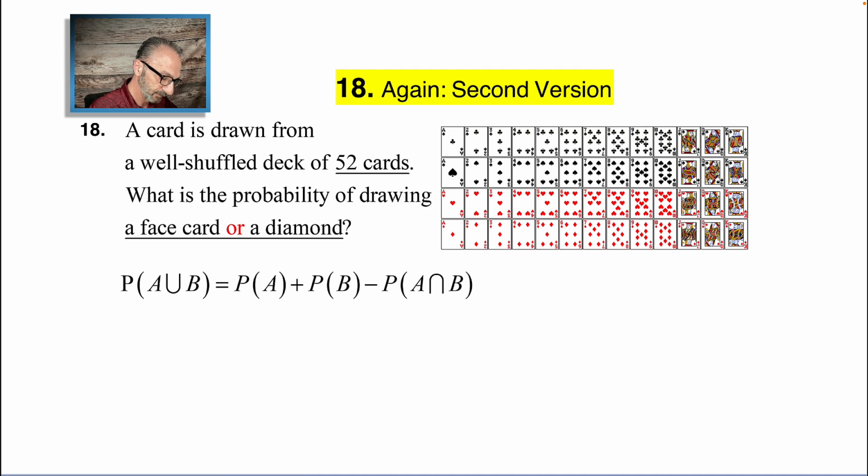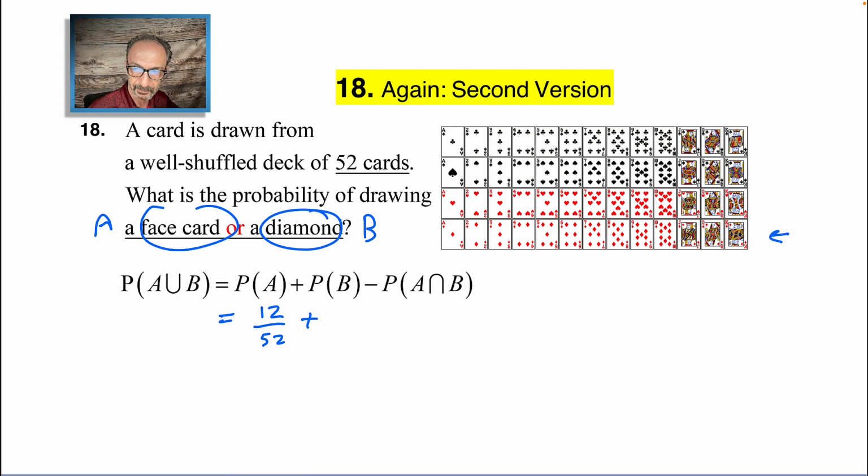So going back, let's call face cards A and diamonds B. P of A union B will be P of A for the face cards, 12 face cards out of 52, plus P of B, the diamonds, those are 13 cards, so 13 out of 52, minus the intersection.